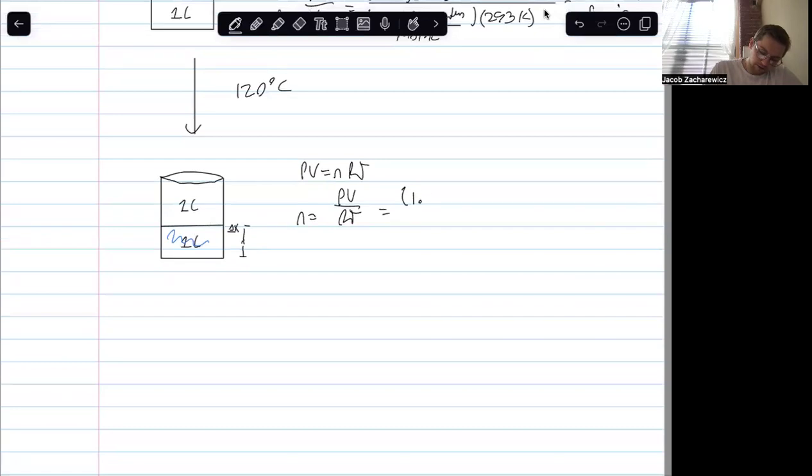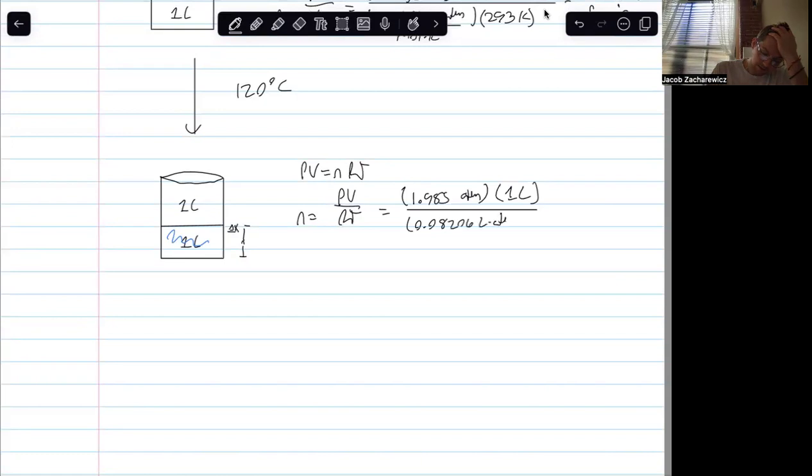So if we plug in 1.985 ATM, and our volume is going to stay the same at 1 liter, and the same gas constant, 0.08206 liters ATM per mole K, and we multiply that by the new temperature in Kelvin, 120 plus 273, which gives us 393 Kelvin.